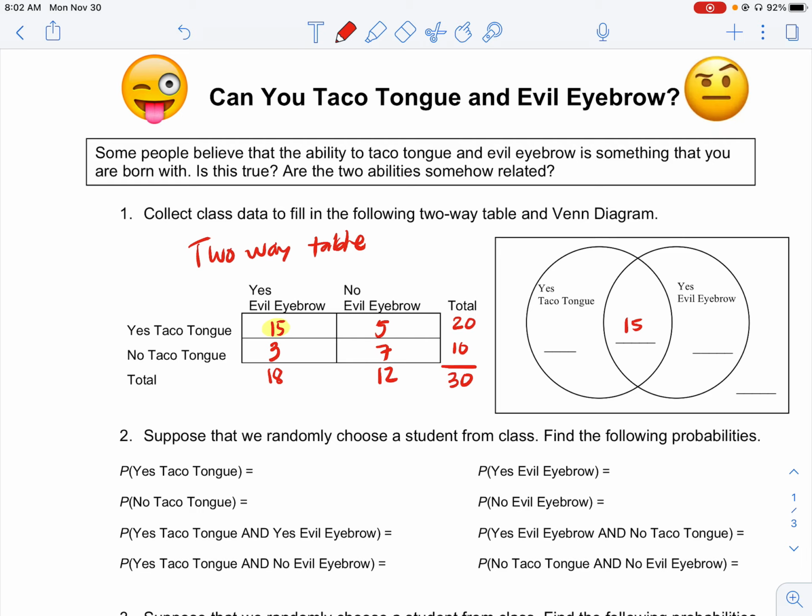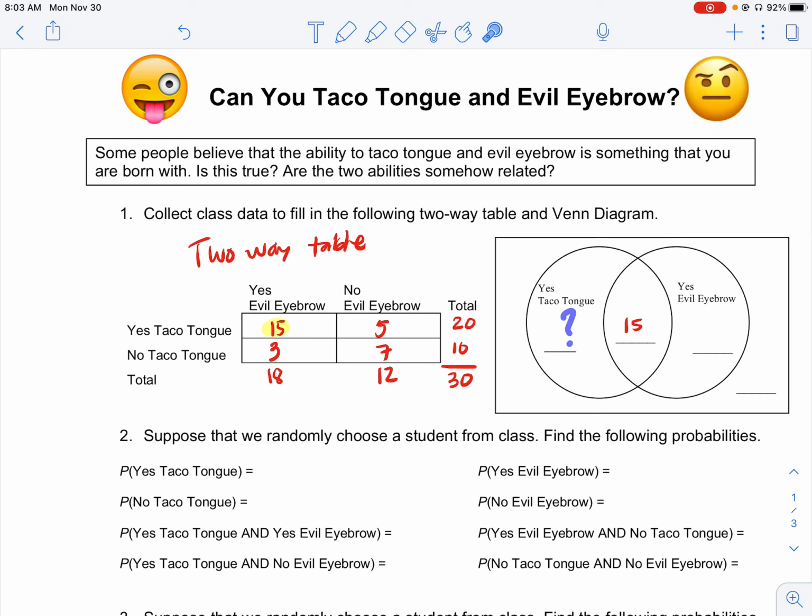And because we already have 15 people in the intersection, you need to remember that this whole entire circle right here is the total of everyone who was able to do taco tongue. I will repeat: this whole entire thing is the list of people who were able to do taco tongue. Now, what goes in here?